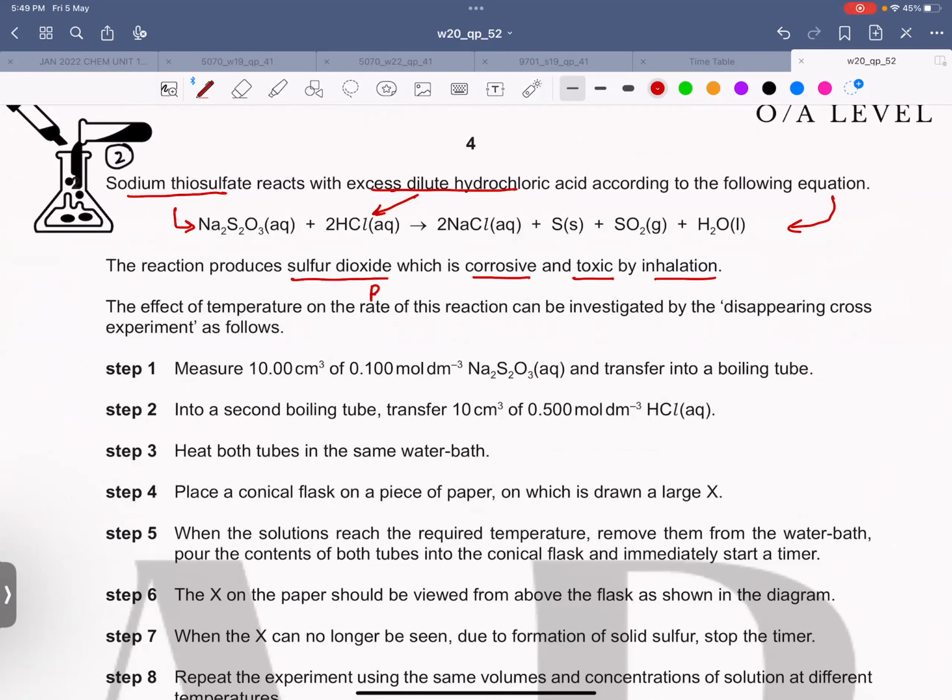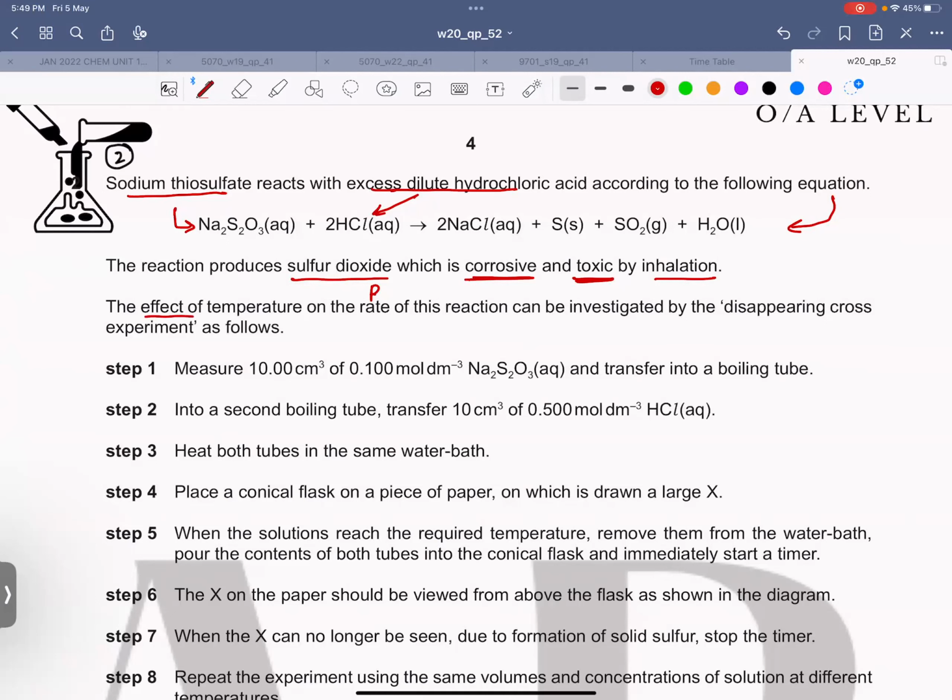So they have told you the effect of the sulfur dioxide, that it is corrosive and toxic as well. Normally examiners do this, and in later parts they ask how we can prevent these effects and what we have to do for that. Okay, so we will discuss it as well.